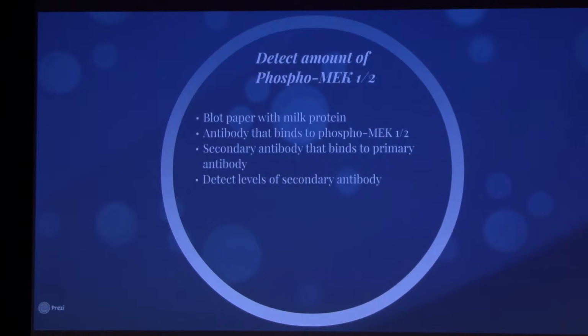Afterwards, the membrane was blotted with milk protein so that it was covered in proteins, and antibodies wouldn't stick anywhere we didn't want them to. We needed to use a primary antibody that would bind to the phospho-MEK1/2, and then a secondary antibody that would give us a visible trait that we could detect. Then we'd measure the presence of the secondary antibody.